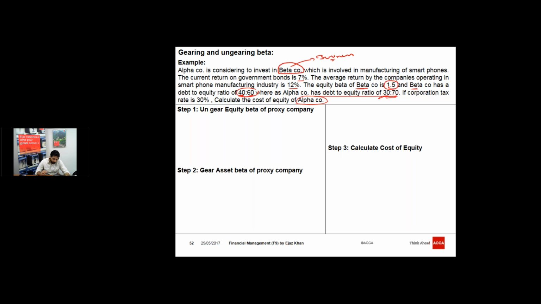So what we have to do is offload the financial risk from the equity beta of Beta Company. If we do so, we will be left with the business risk only.